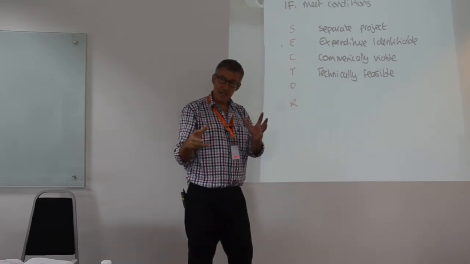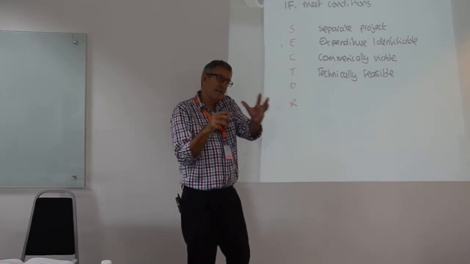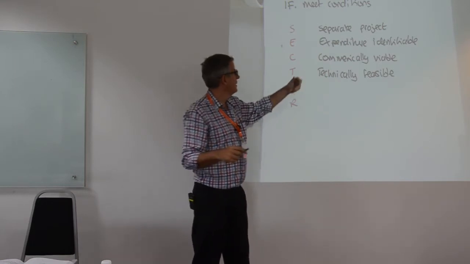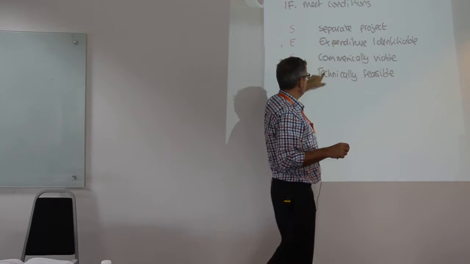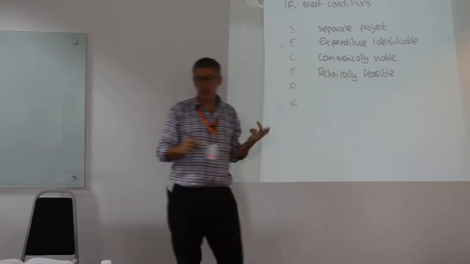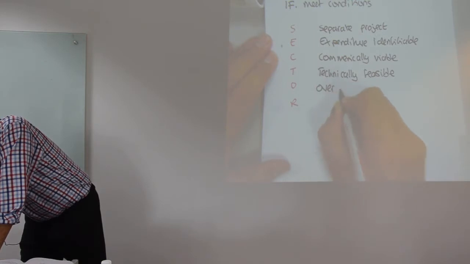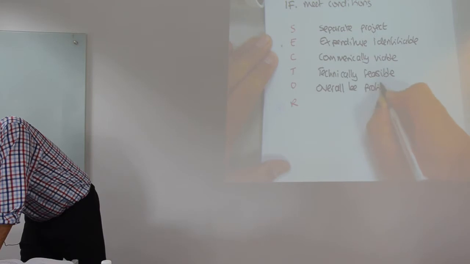Development is about taking existing knowledge and making a better solution, a better product. Commercially viable, technically feasible. It must overall be profitable. There must be economic benefit. It must overall be profitable or be cost saving.